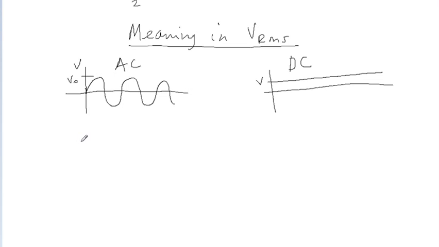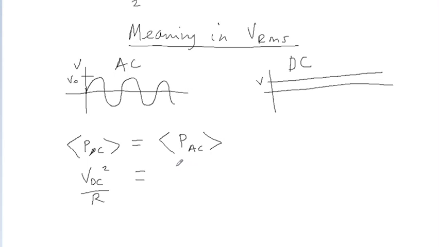Now, let's see. So here, if we're going to talk about power, so average power, DC power, equals average AC power. That means that V DC squared over R, because we don't have to do anything too special here, because VDC is constant, so no special stuff to do here, integration or anything like that.